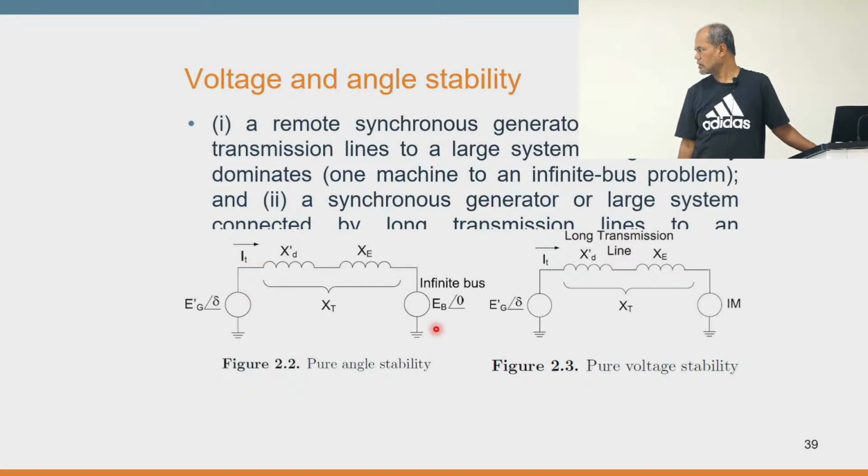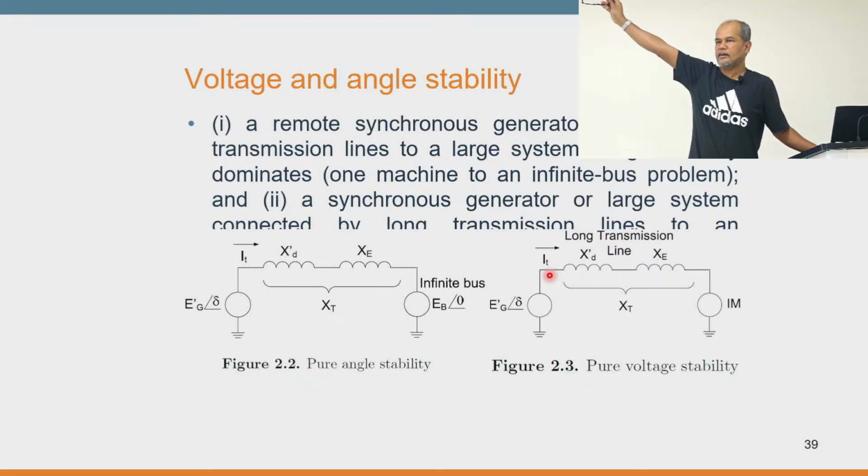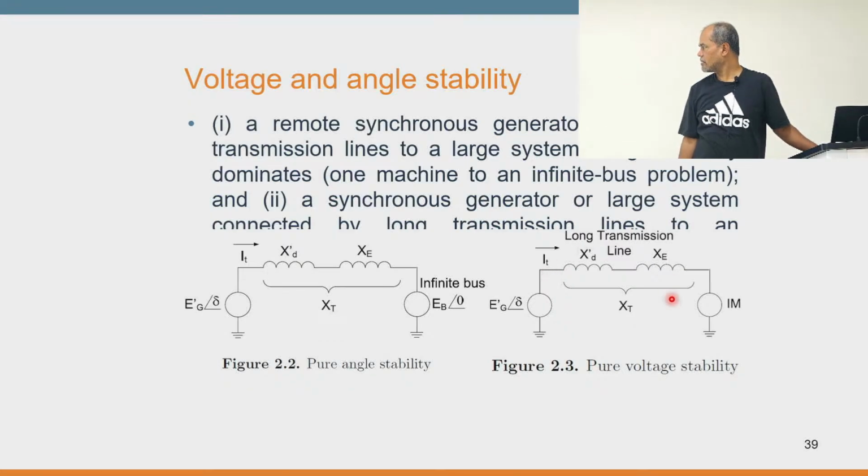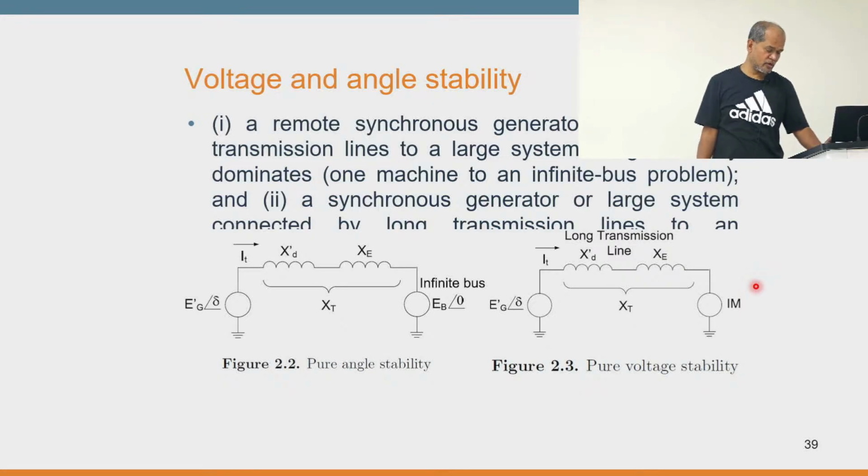Here you also have a number of generators. But if the configuration is such that you have a generator supplying power quite far away using a long transmission line, and this sort of system has a problem, you will see that it might be a voltage problem, because there is no support for voltage.